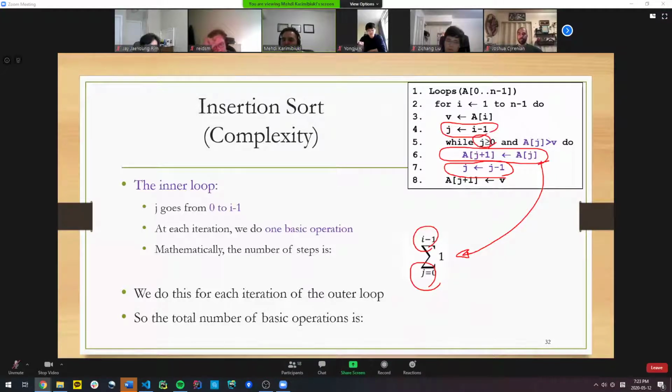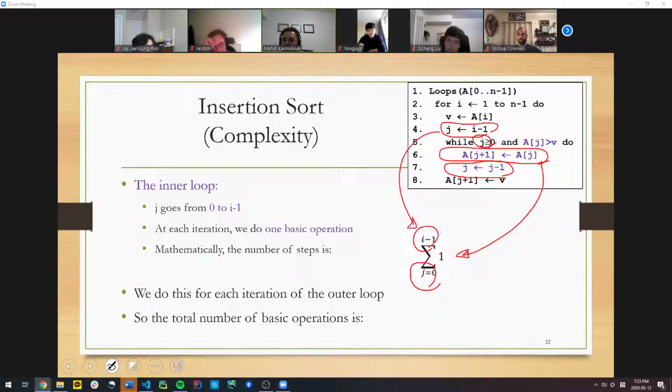Because from line number 4, we have the upper bound, and then we know that the lower bound is from j equal to 0. So that's how much j can deflect between 0 to i minus 1. You have line number 6 as the basic operation there.